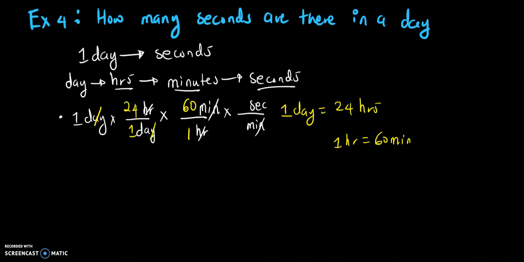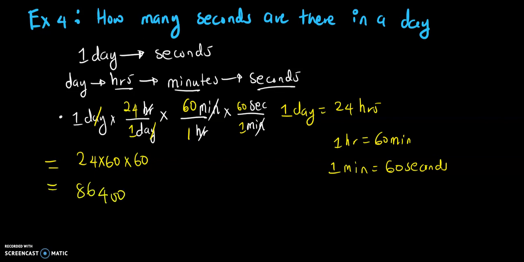And then the conversion factor is 1 minute has 60 seconds. So 1 is to 60. So that's the same as multiplying 24 by 60 by 60. And you punch that in the calculator, you get 86,400 seconds. So there are 86,400 seconds in a day.